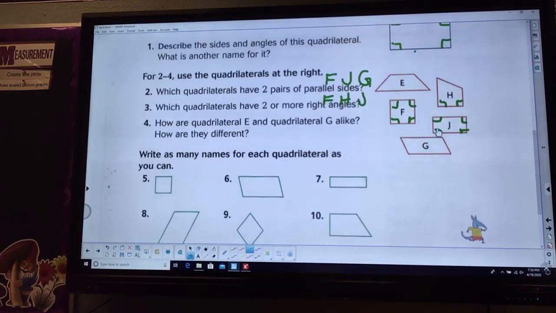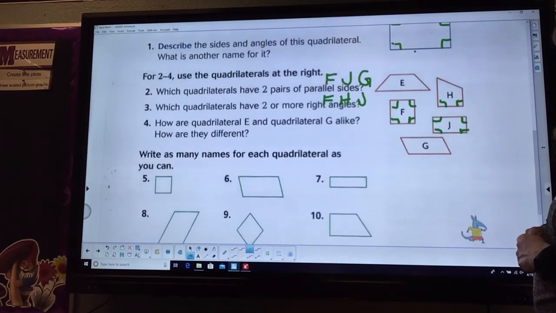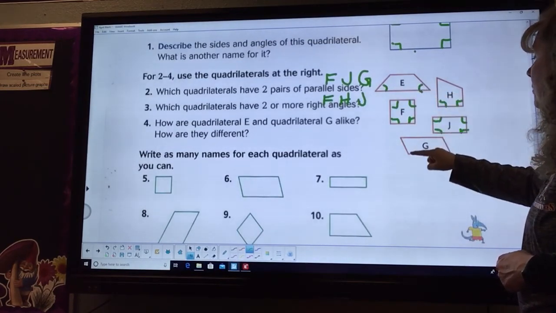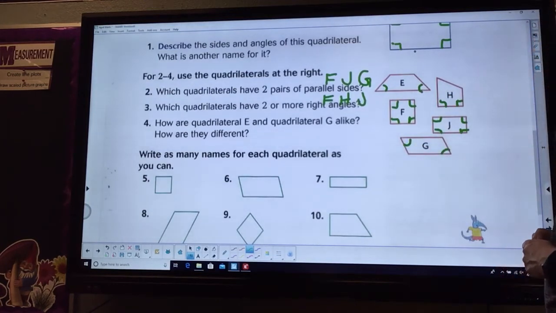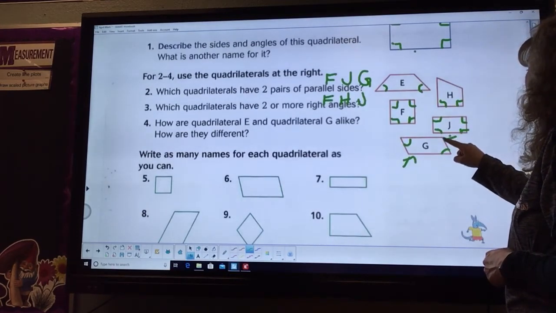Number 4, how are the quadrilateral E and quadrilateral G alike? Okay. If we look at E and G, I notice that they both have a set of acute angles. And they also have a set of obtuse angles.